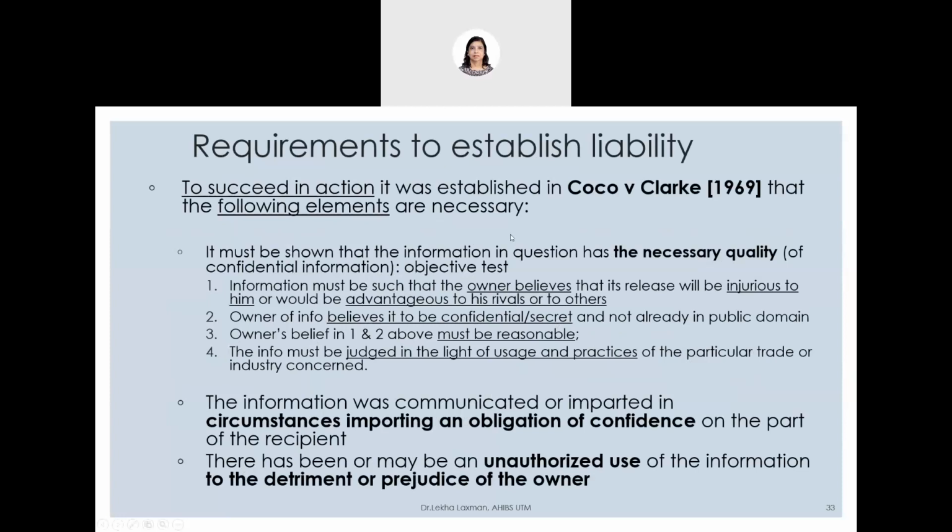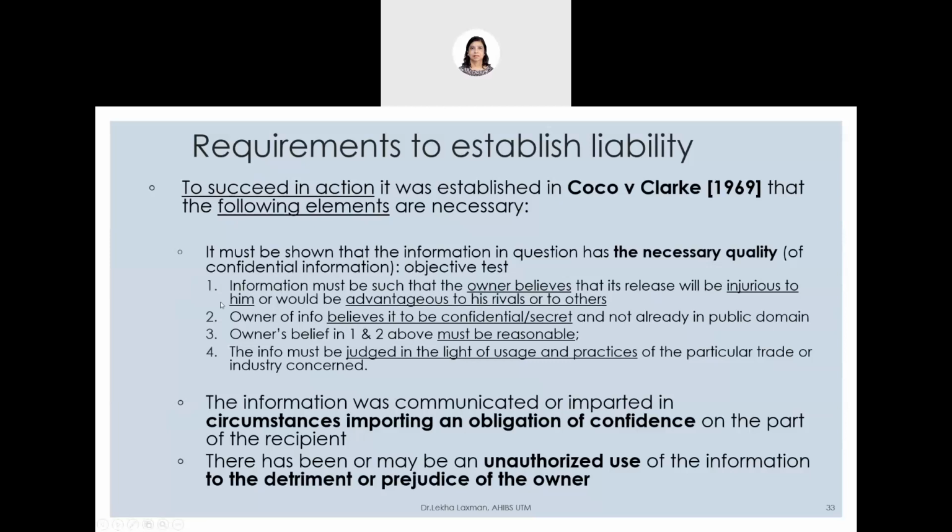Right. Now, what are the requirements to succeed in protecting your confidential information? These are the following elements for confidential information. They use an objective test. First, the information must be such that the owner believes that it will be injurious to him or advantageous to his rivals.